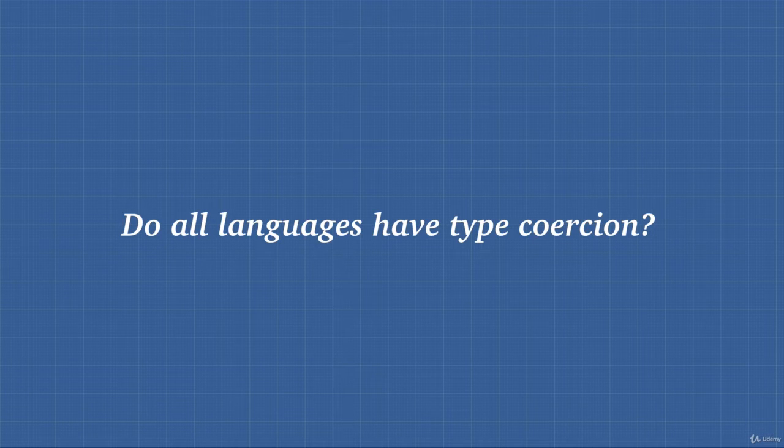In memory, different types look completely different than what we type, right? The number 5 in actual physical memory on my computer is represented in ones and zeros. And all languages do this. So there is some sort of type coercion at different levels of the stack. It just so happens that JavaScript has an especially heavy type coercion nature to it because it's dynamically typed, which is why it does this.